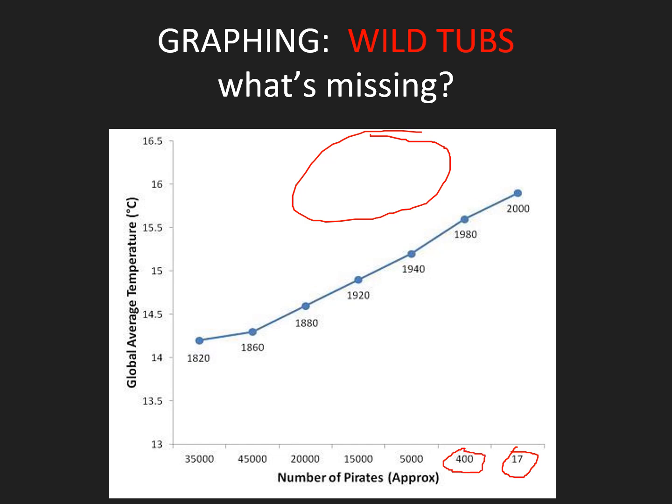Basically, we have the same space between 400 and 700 as we do between 35,000 and 45,000. Also notice we're going from 35,000 to 45,000 to 20,000 to 15,000 to 5,000. We're going up and down here, so that is making this graph look way stranger than it needs to be.